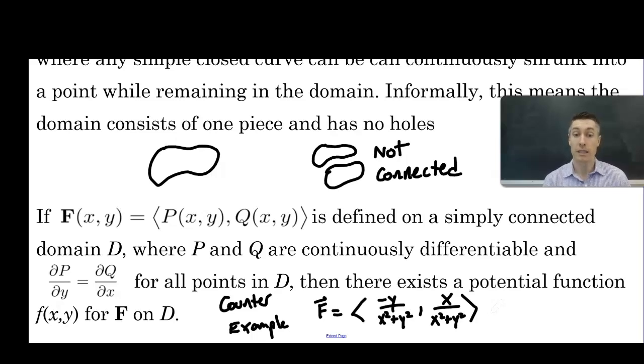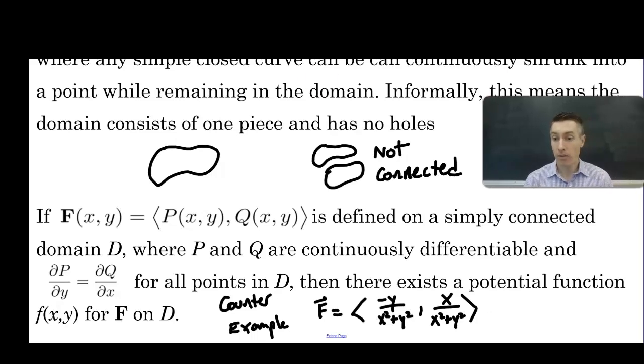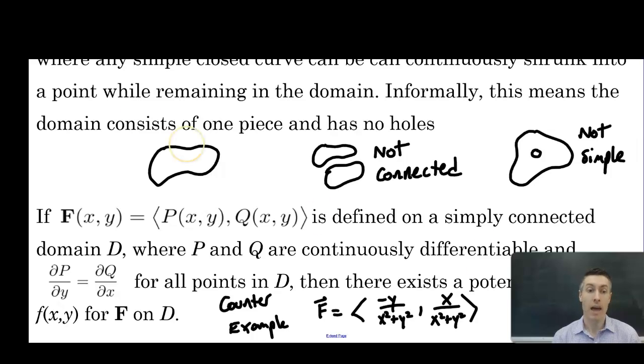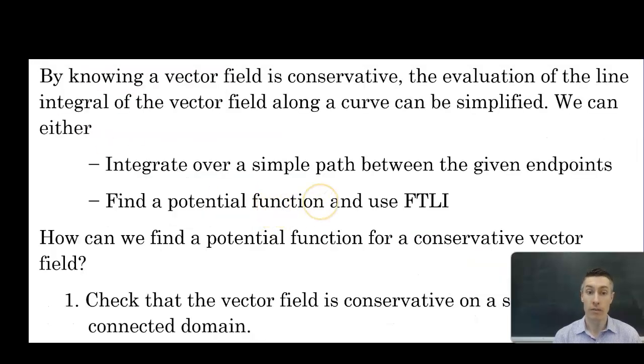So that's what the domain is expressing in all these definitions. But this vector field is an example of a vector field that is not simply connected because there's that hole at the origin. Okay, so now that we've established how to check that a vector field is conservative, why is that helpful? Well, the evaluation of the line integral of a vector field along a curve can be simplified.